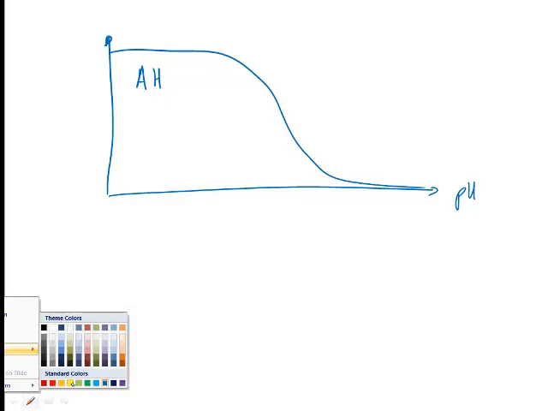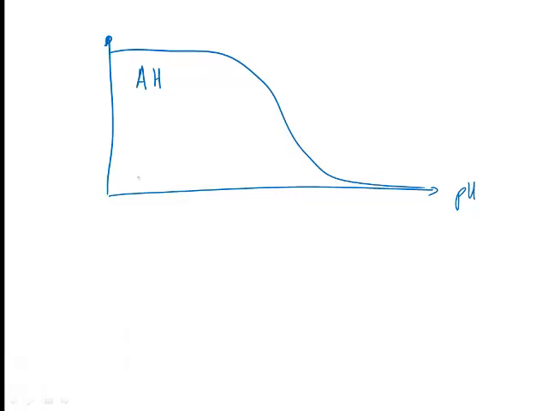We know that depending on pH, we have at low pH all the acid in the acid form, and it becomes more and more ionized as the pH is raised to become its conjugated base form.